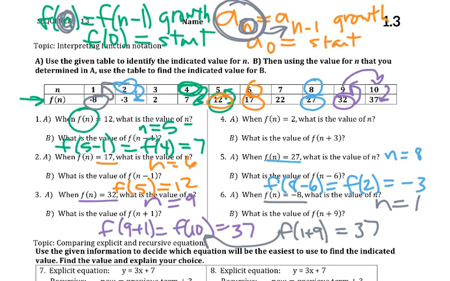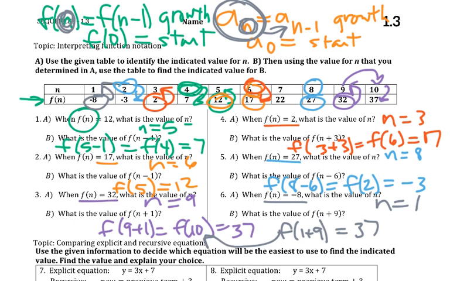Then we've got f of n equals 2. 2 is right here, so n is 3. What is the value of f of n plus 3? So f of 3 plus 3 would be f of 6, which is right here, and we know it's 17.